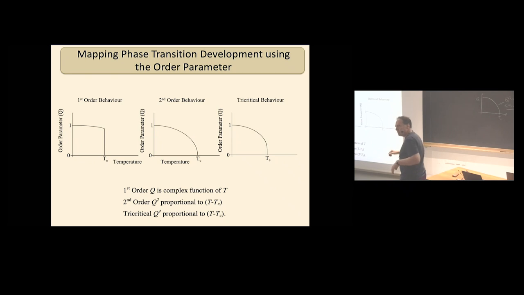First order, it really jumps, and we'll show how it works in a second. But at TC, there are two values of the order parameter under equilibrium for a first order. I'm looking at Jirka, but that's right. I know that's right. Okay, and we'll derive it.